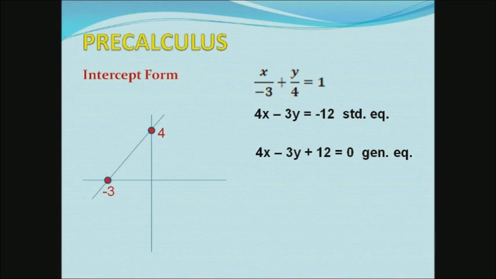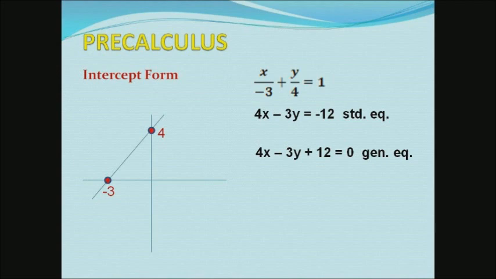And on our right side, -12 times 1, so -12 is our constant on the right side. So it becomes 4x minus 3y equals -12. That is now our standard equation, the standard equation of the line.